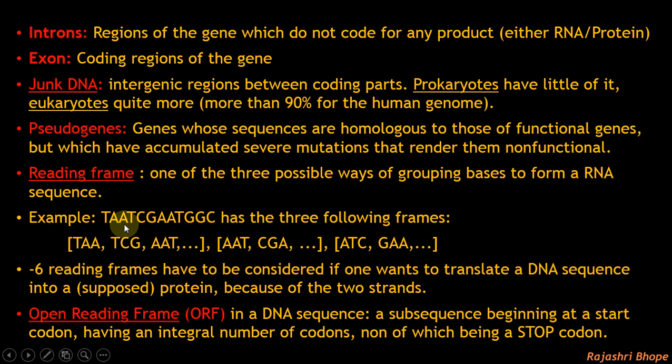And third, you can start from the third nucleotide: ATC, GAA, TGG. Now you can see that all these reading frames are different. If you skip a nucleotide and start with the next one, each one encodes a different amino acid, because each triplet encodes a specific amino acid, and each will lead to the formation of a different protein.